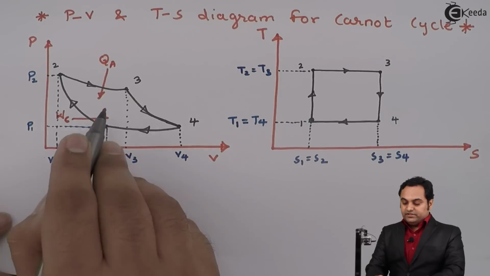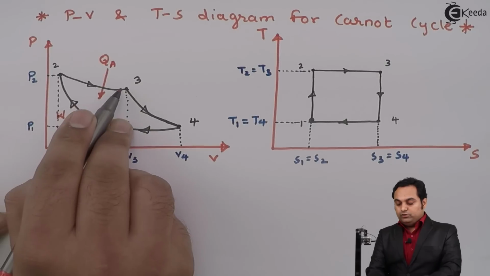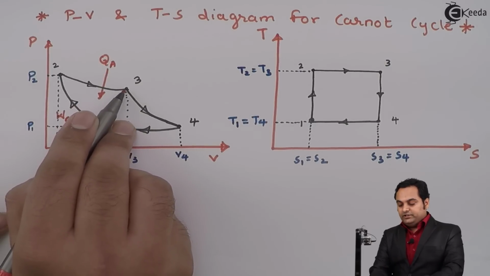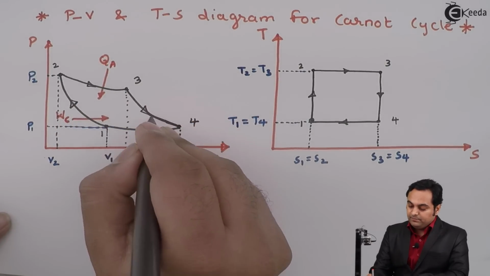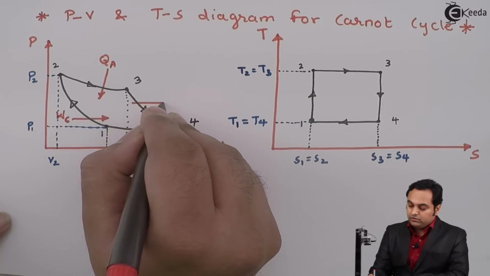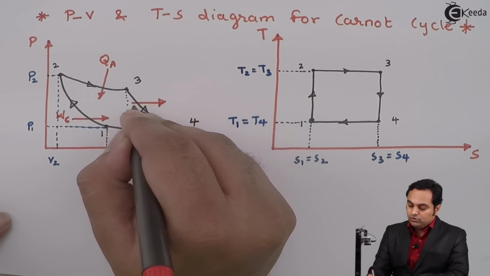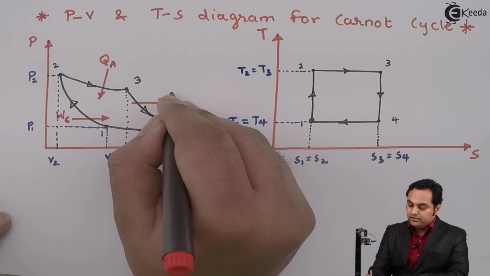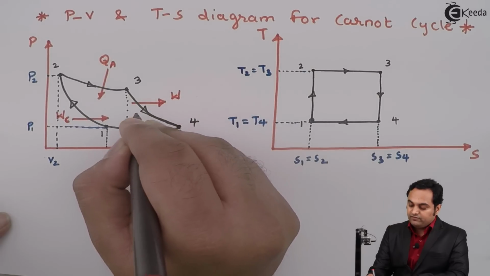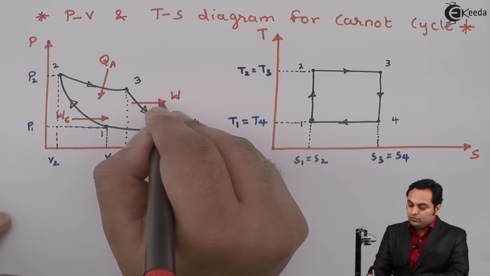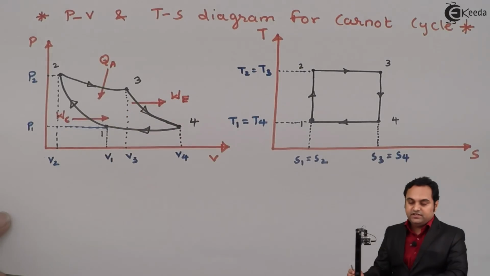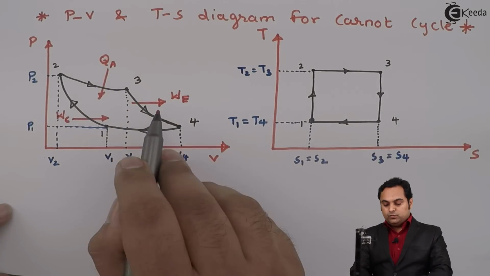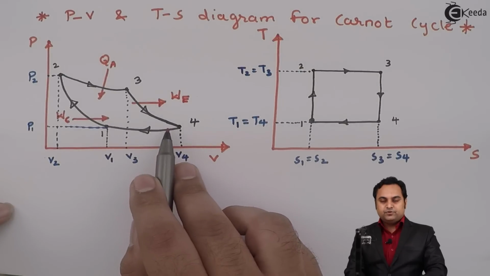Next, once the heat was added from 2 to 3, then from point number 3 the gases will start expanding and we will be getting work from the engine. So work is getting away, that is we are moving away from this cycle. So work, I'll denote it as W suffix E, that is work which we are getting during the expansion process.